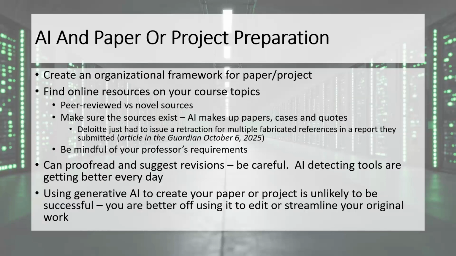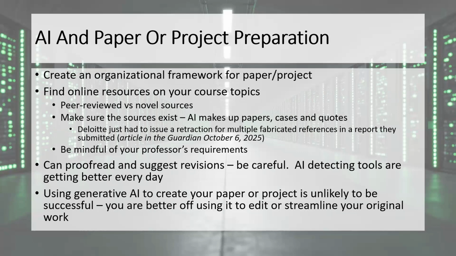What about creating papers or preparing projects? Well, you can create an organizational framework for your paper or project. You can also find online resources, much like using an index such as PubMed and so forth, only have the AI search. Just be very careful because AI can hallucinate.